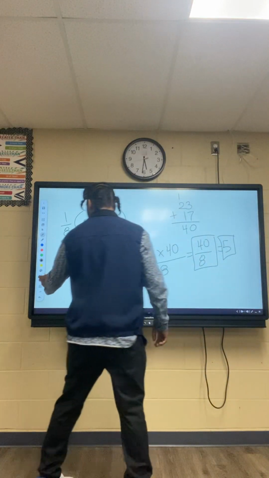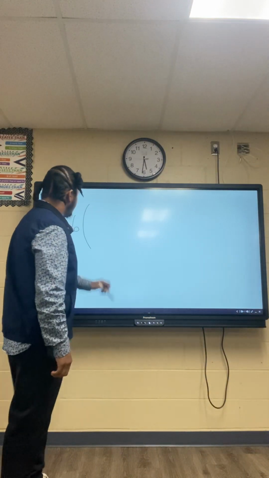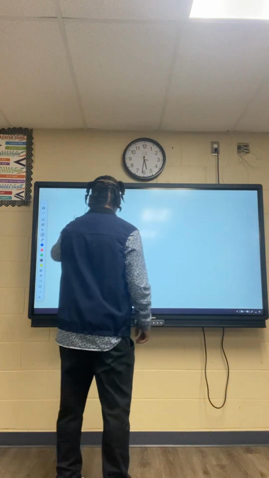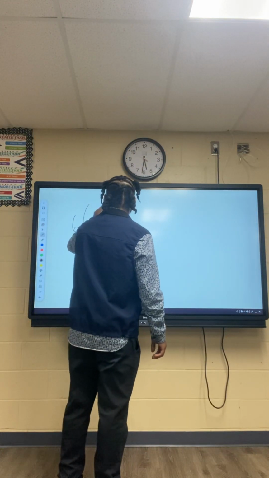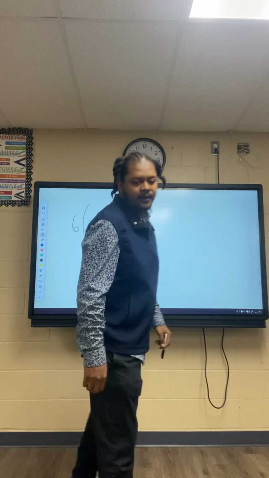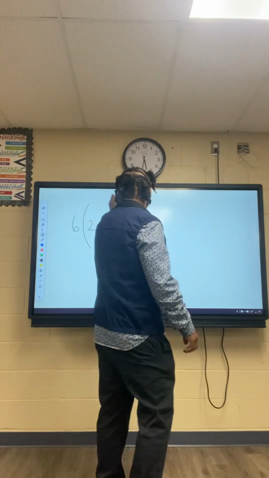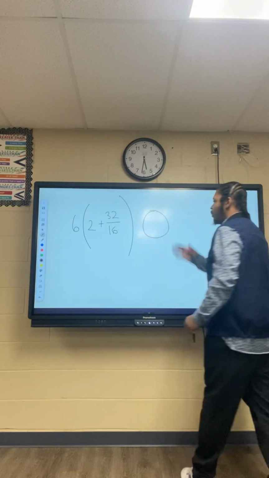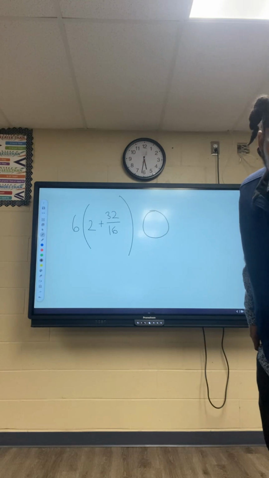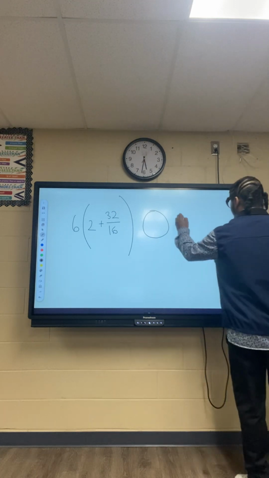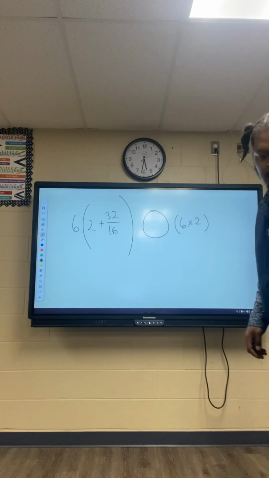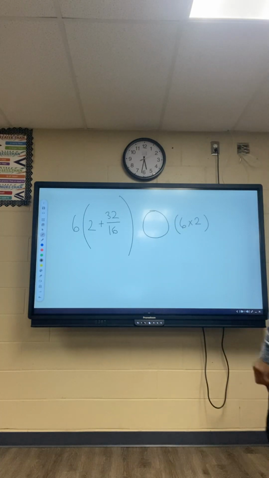So it says, we got 6 on the outside, open parentheses, 2 plus 32 over 16, and that's going to be a parentheses versus, that's where we're going to put our greater than, less than symbol, 6 times 2 parentheses plus 32.